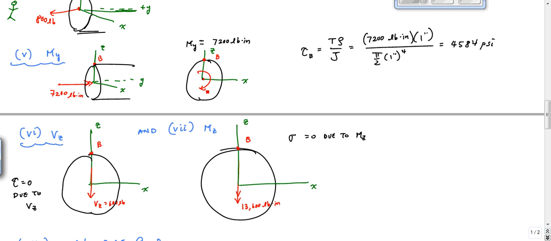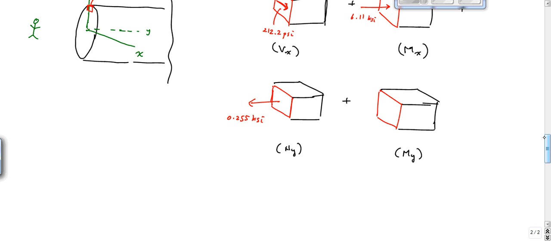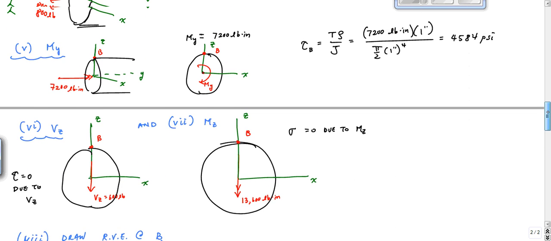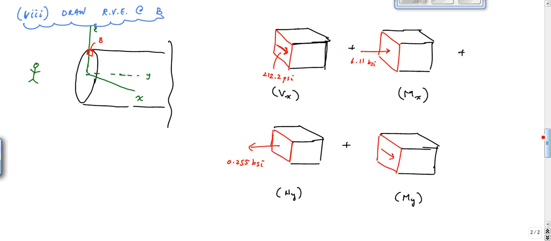That's the direction of my moment right here. Therefore, the stress on B right here is like that, with a magnitude of, what did we say? 4,584 psi.